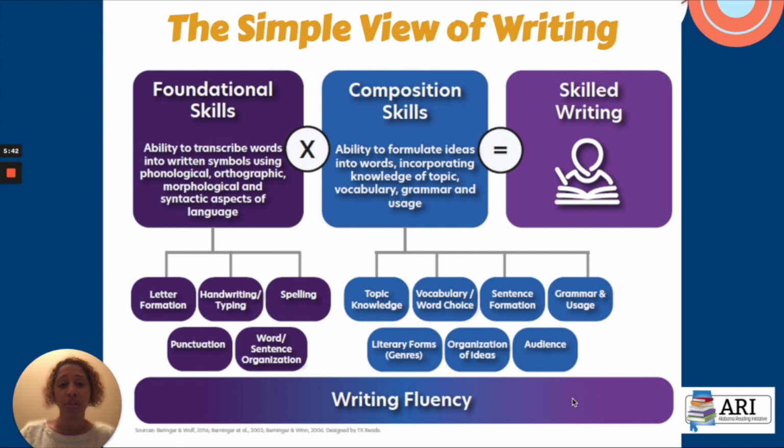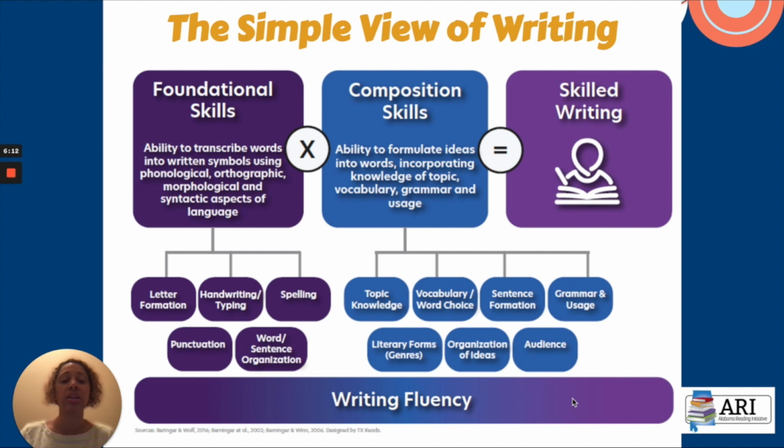Then that second part, the composition skills, that's the ability to now take my thoughts and ideas and put them into words. So topic knowledge, I have to have some background knowledge. I have to know something about this particular topic, and that's where the reading comes in, because I've comprehended what it was that I read in order to formulate an idea about it. Vocabulary and word choice, these should sound familiar as the circles that I just showed you.